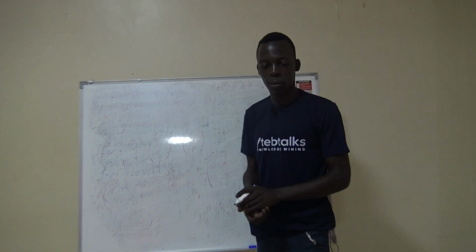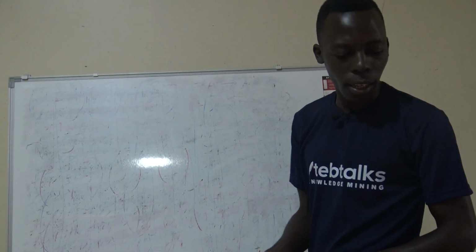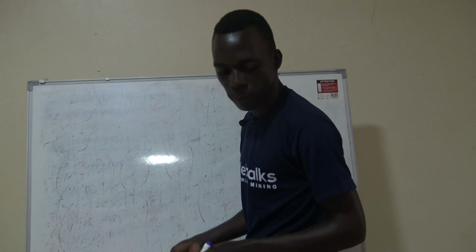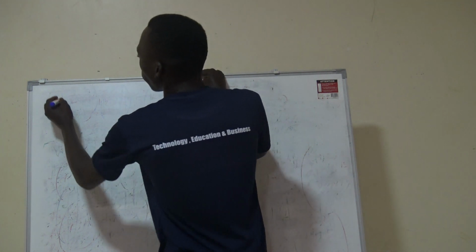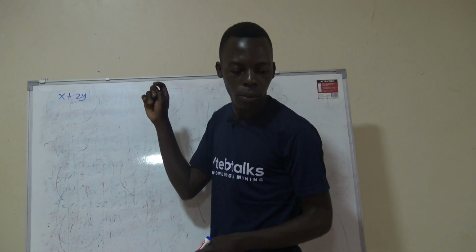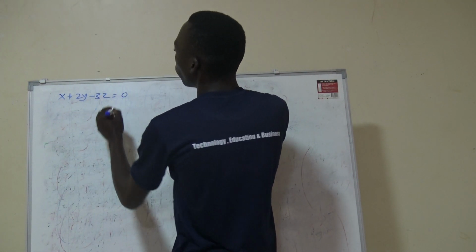Okay, we are back, and we are going to look at another example. The other one is x plus 2y minus 3z equals 0.